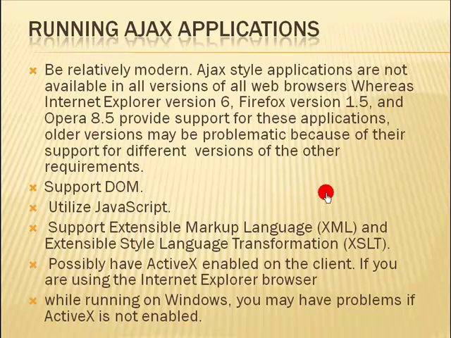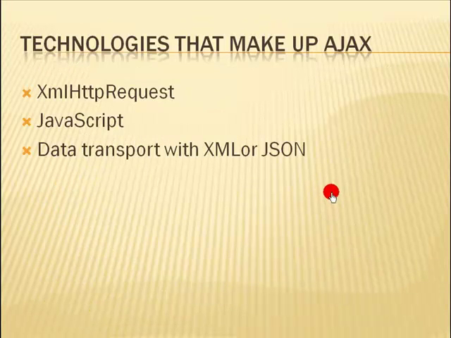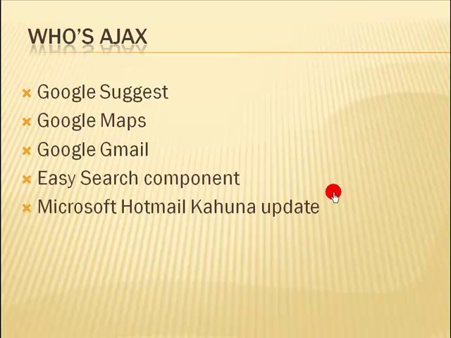Who uses Ajax? Google Suggest is one organization of Ajax users. Google Suggest features a dynamic drop-down list box that provides possible searches along with the approximate number of search results.